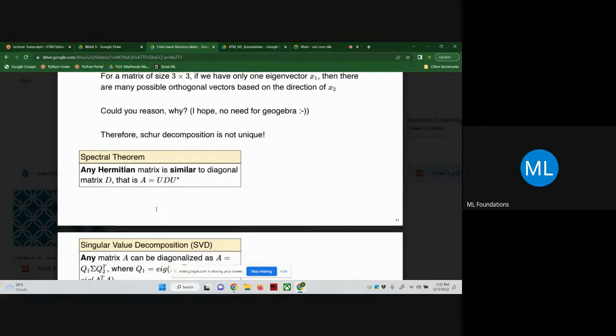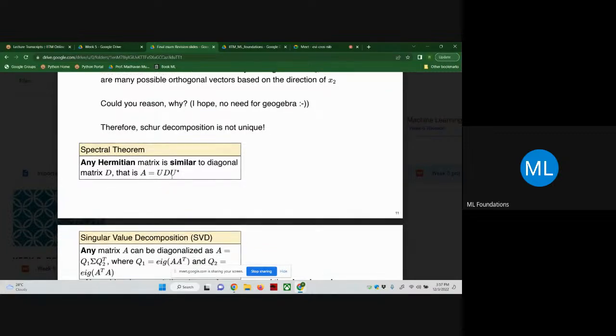You should know how to decompose A based on the unitary matrix and the diagonal matrix, that is, diagonalizing. In the case of a symmetric matrix, we said it is orthogonally diagonalizable. For a Hermitian matrix, it is unitarily diagonalizable, because we are using the unitary matrix to diagonalize it.